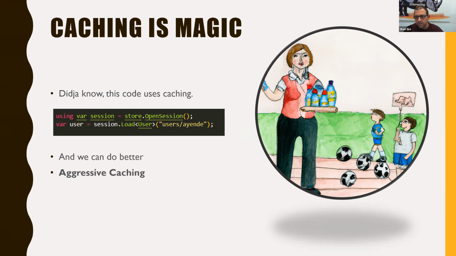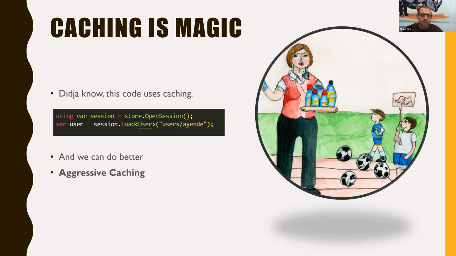Do you need to send me a new one? Or can I use the one in my cache? And the answer to that, in most cases, is that the document didn't change. So I still had to go to the server, but I didn't spend any bandwidth getting the document I already have back from the server.